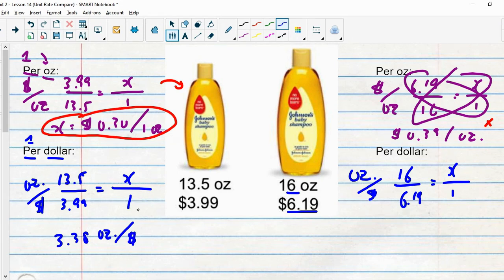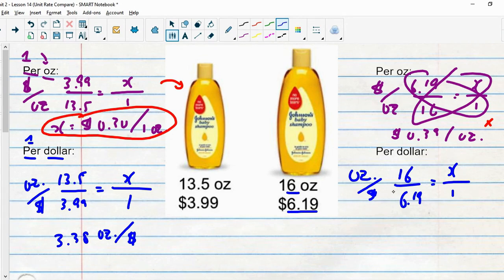So if you imagine going into the grocery store and you say, I only have $1 and I haven't washed my hair in a month, and I need to wash my hair, because people wouldn't stand next to me anymore. And you give them $1 because that's all you got, and you brought a spoon with you. They'll squeeze out exactly 3.38 ounces onto your spoon, and then you walk back out of the store.